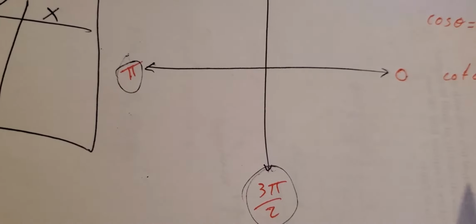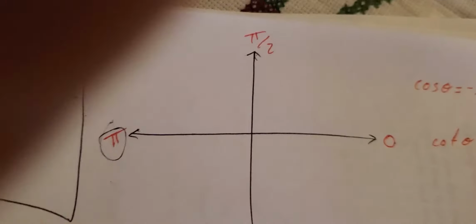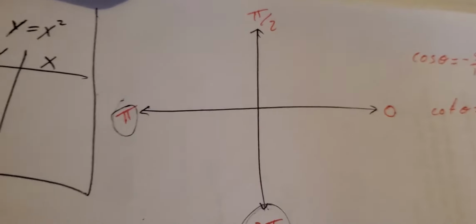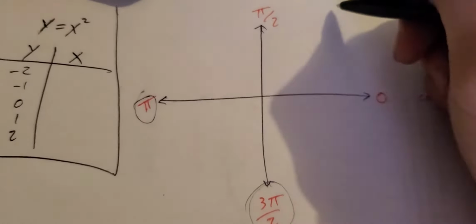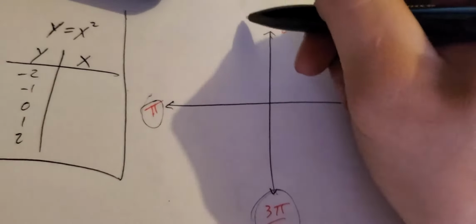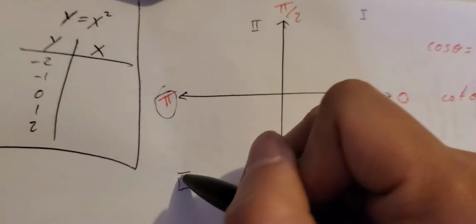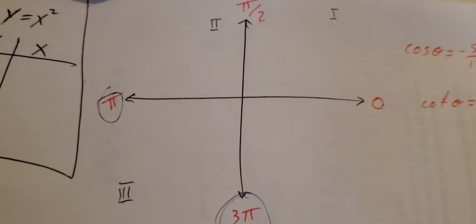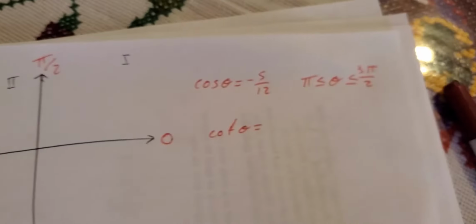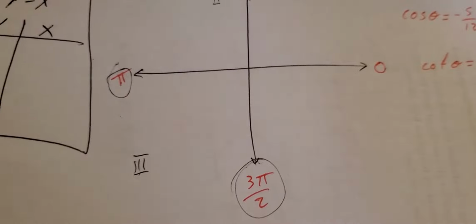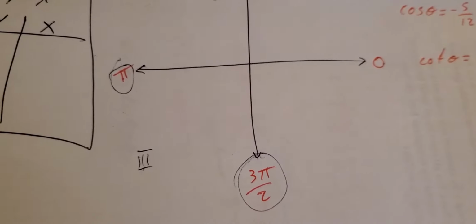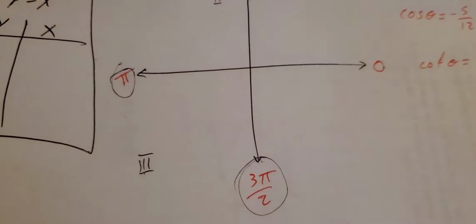These are my parameters. Or, in other words, remember that we have quadrants. This is quadrant 1, quadrant 2, and my quadrant 3. The problems will either state a specific parameter like here, or it will tell you to find it in a specific quadrant. In this case, we're finding it in quadrant 3.